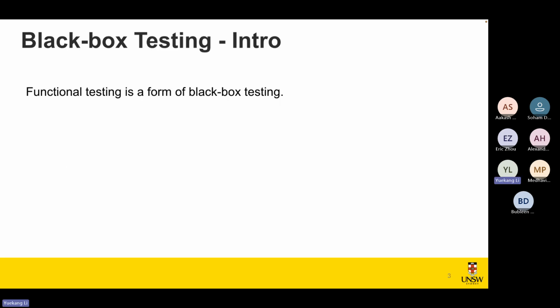First, functional testing is also known as black box testing. It is called black box because we treat the target as a black box. We don't know what's happening inside. What we do for testing is just to prepare the inputs and observe the outputs, but we don't know and don't care about what's happening inside.